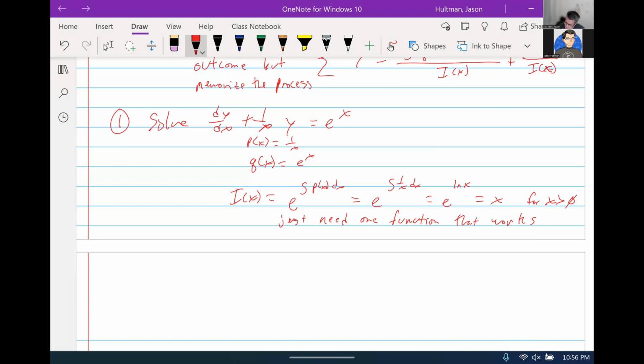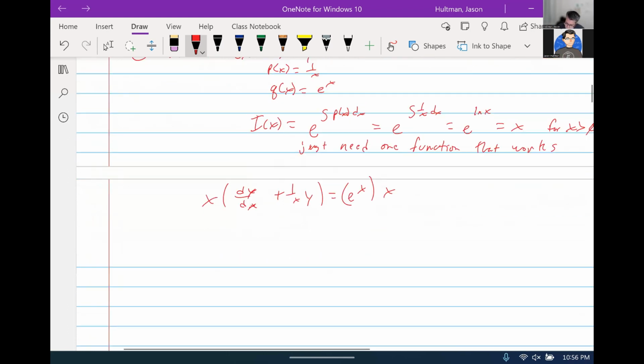So what are we going to do with this x here? We're going to multiply everything through by that x. We're going to take our dy dx plus 1 over x y equals e to the x, and multiply everything through by x. That's my helper expression in terms of x.